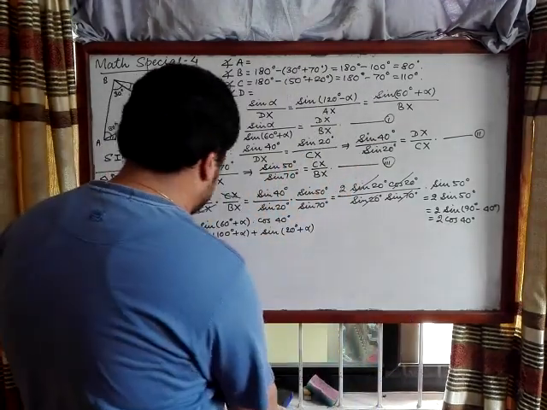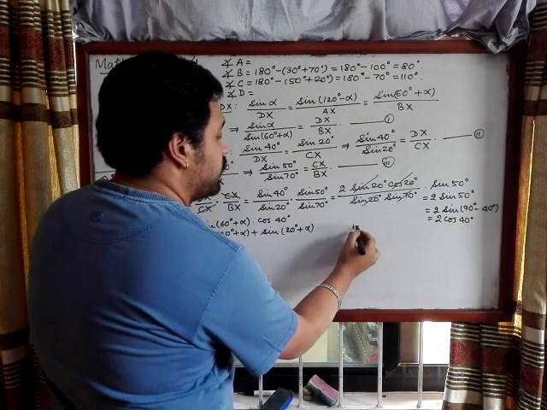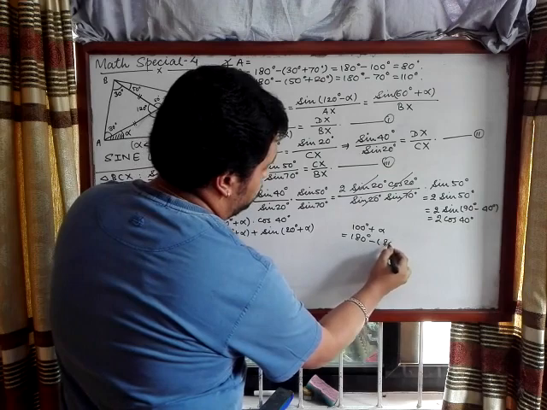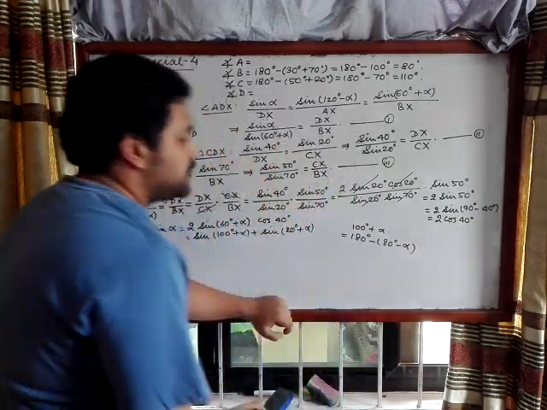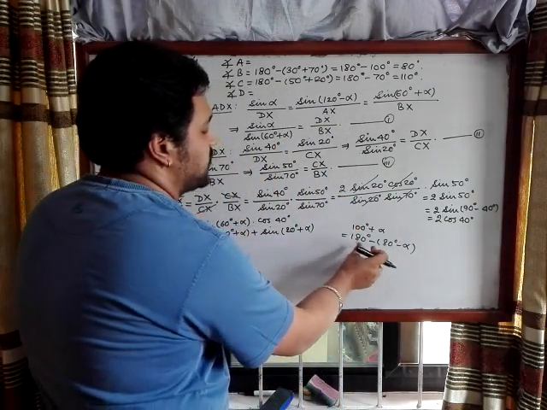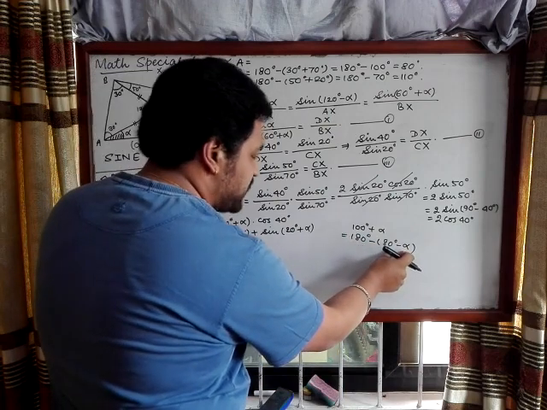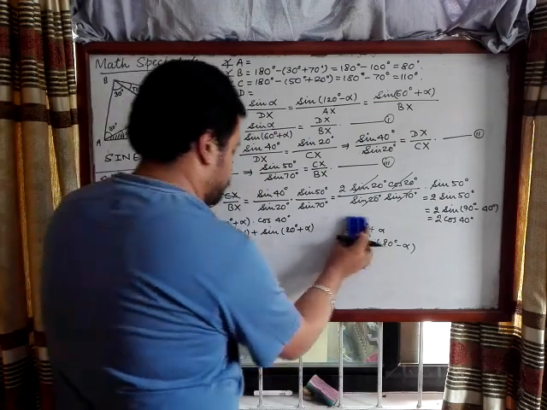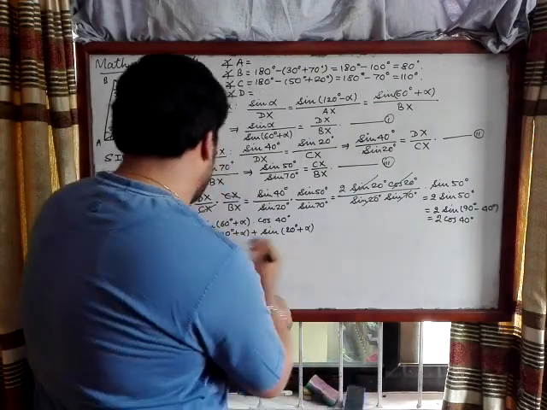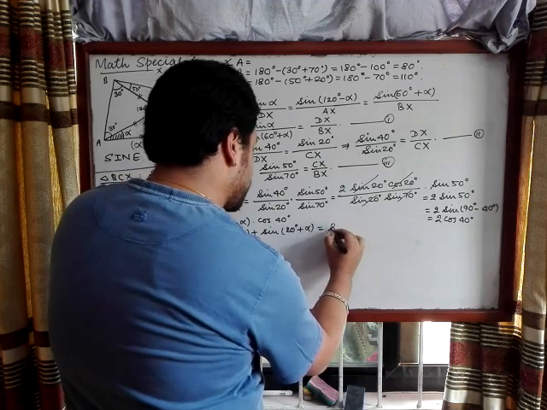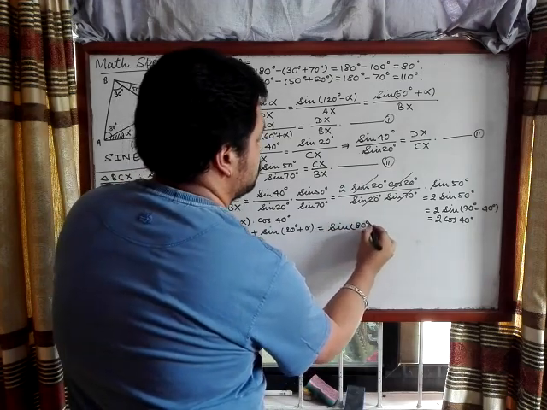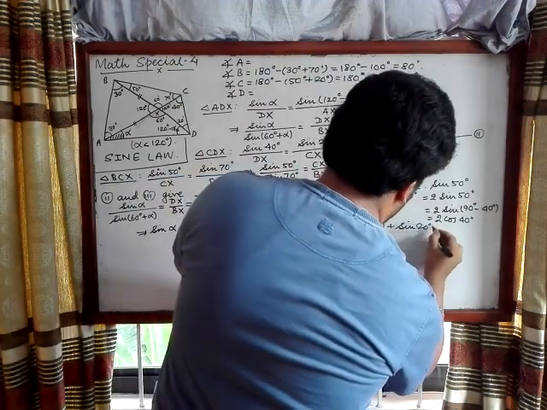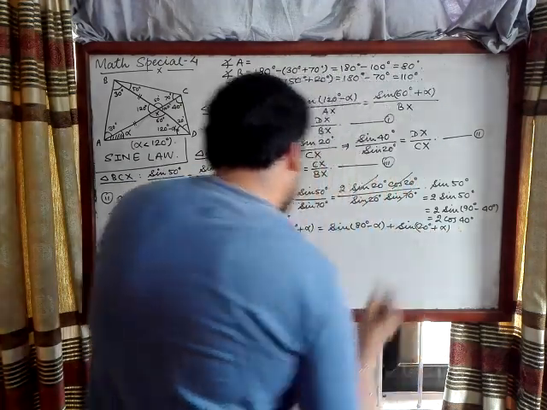Next, 100 degrees plus alpha can be written as 180 degrees minus 80 degrees minus alpha. So sine 100 plus alpha is equal to sine 180 minus 80 degrees minus alpha. So it is equal to sine 80 degrees minus alpha. We write it as sine 80 degrees minus alpha plus sine 20 degrees plus alpha.